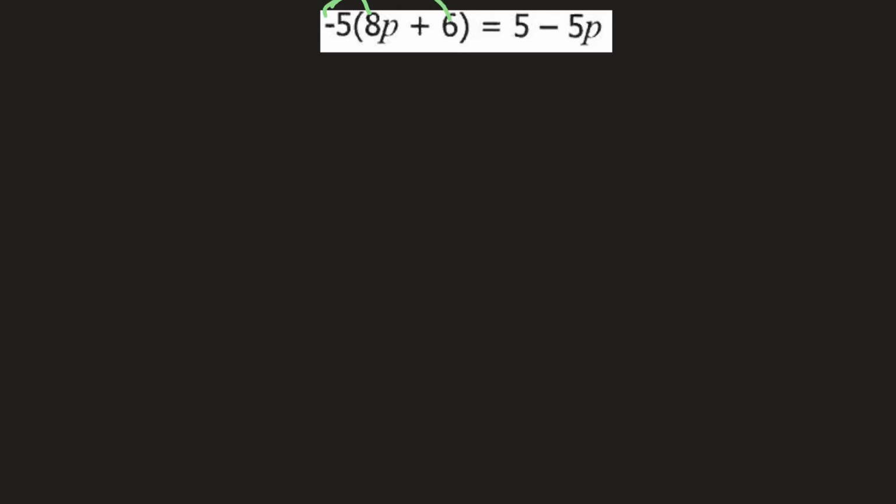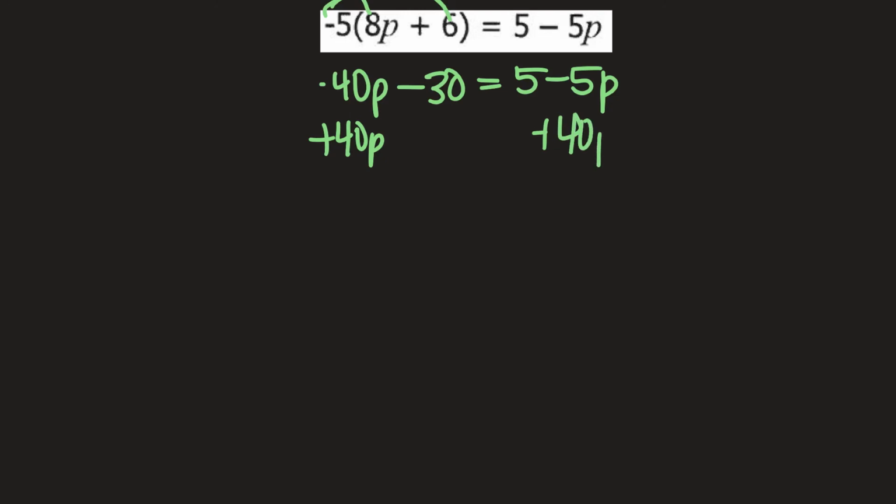Okay, so then we have a negative 5 times 8 is a negative 40p. A negative 5 times a positive 6 is a negative 30. And we're not doing anything to the right side right now. So we have no like terms to combine, so that means we just need to start moving things to the same side. So I'm going to add 40p. Definitely not the only thing you could have done.